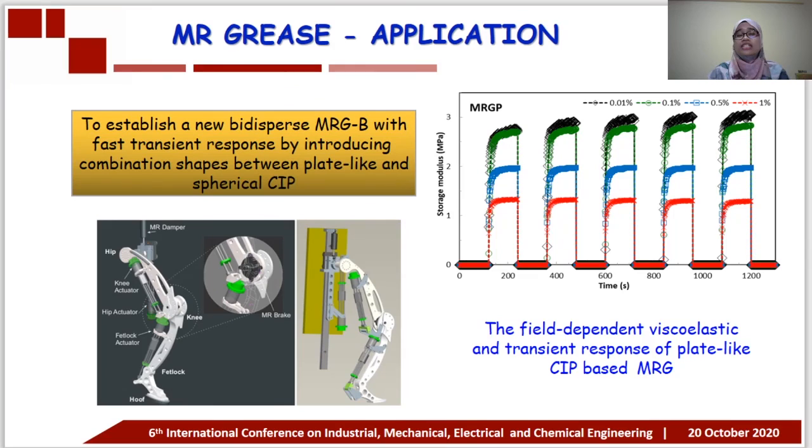So research on this MR grease is still continuing by adding additives or combining different magnetic particles, in order to enhance the transient response of this MRG towards manipulation of the applied magnetic field, so that it is more convenient to be applied for MR devices, especially related to rehabilitation devices.